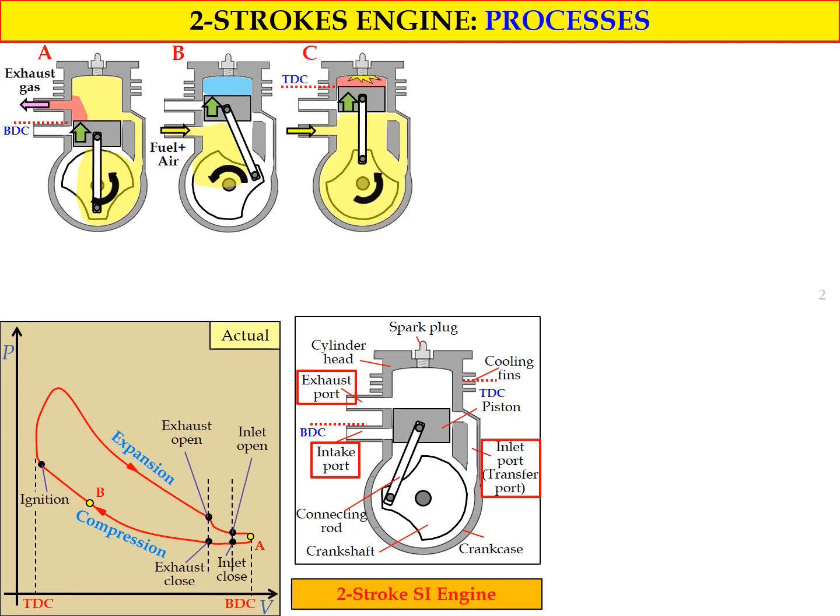Now figure C represents the process when the piston has arrived at TDC. Slightly before the piston arrives at TDC, the plug will produce a spark in order to initiate the combustion process and produce combustion product, represented by the red area in the figure.